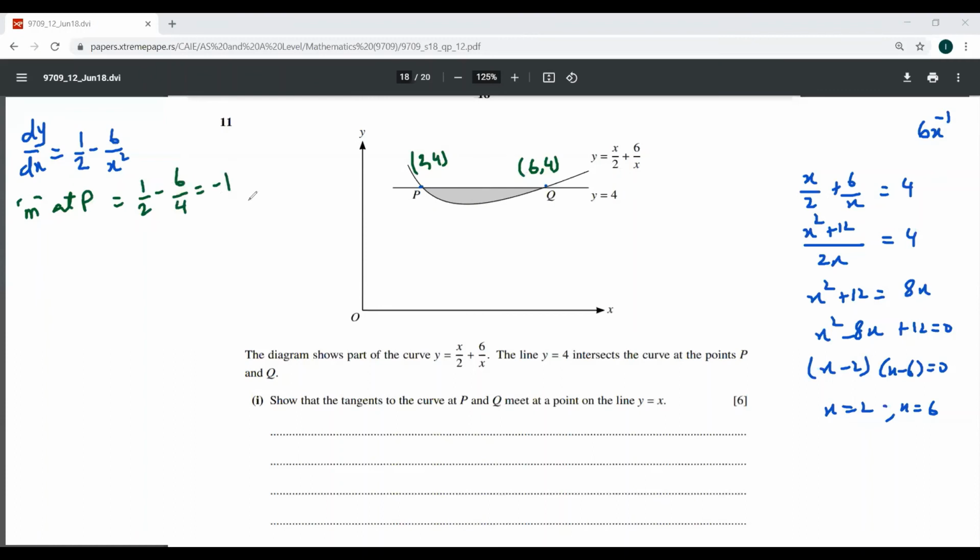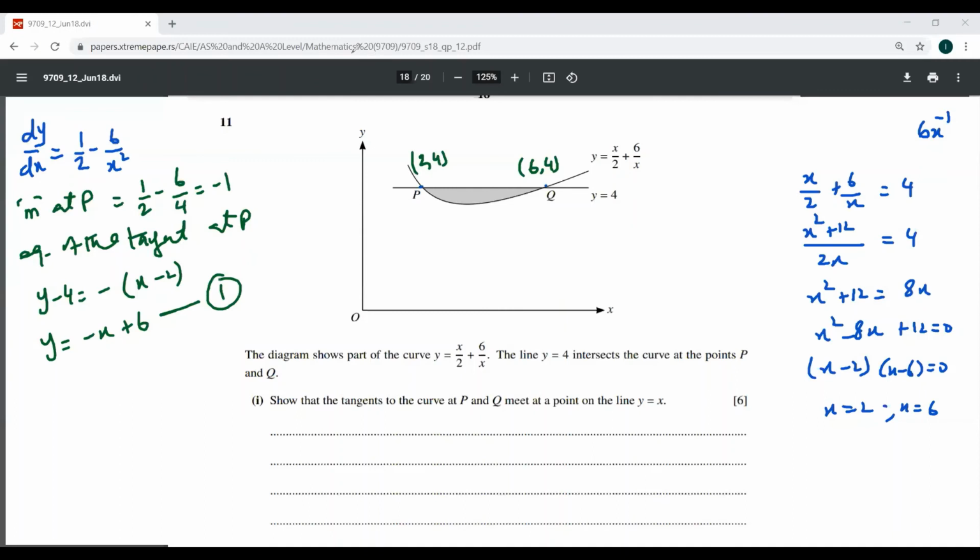Is that minus 1? Yes? Okay. So the equation of the tangent at P is y minus 4 equal to minus 1 into (x minus 2). y is equal to minus x plus 2 plus 4, that is y equal to minus x plus 6. That is equation number 1.